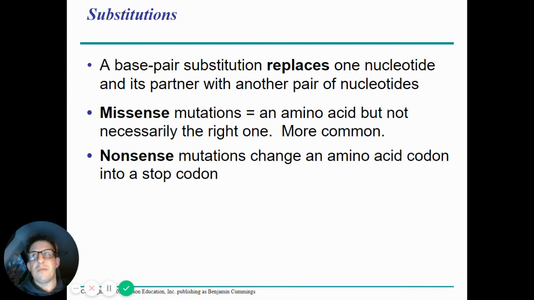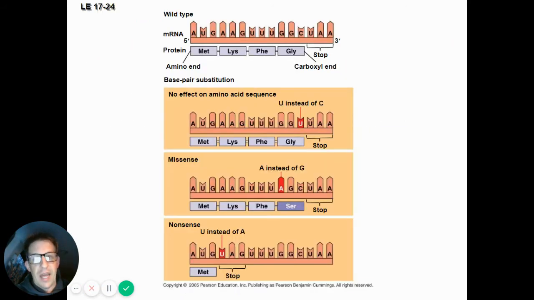It's as if it gets this false message that says the protein is now done. So oftentimes these nonsense mutations cause the protein to be much shorter than it should be, and if it's much shorter than it should be, it's probably missing a bunch of its structure, which probably means it's not working. So the nonsense mutations can be particularly bad, particularly nasty.